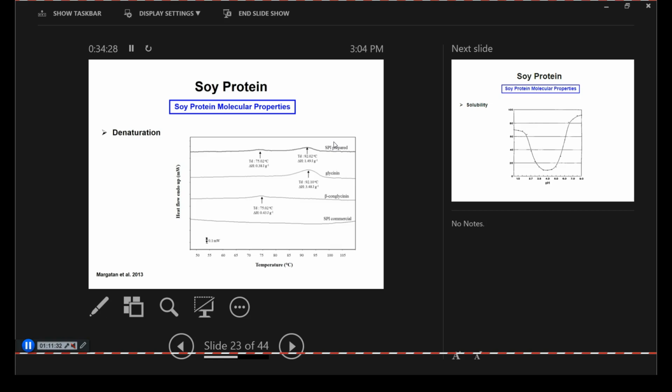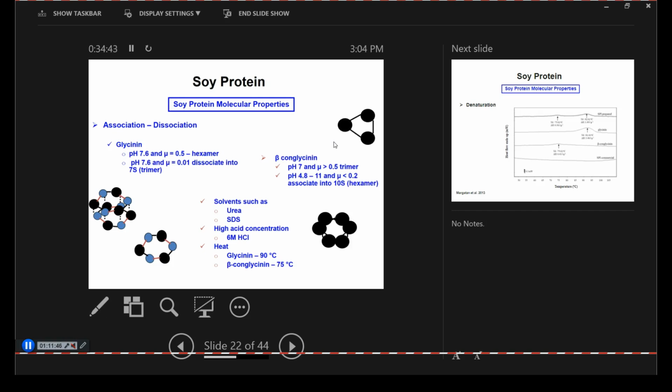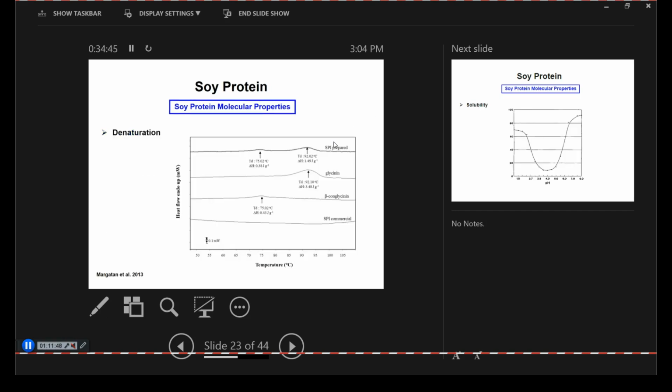So let's continue. You've seen this before. I showed you this to explain the DSC before. But again, I just wanted to show you the denaturation temperatures of glycinin and beta-conglycinin as I have listed here. Glycinin, which is the legumin, is stabilized by disulfide linkages, and the onset of denaturation is around 92. It varies a little bit depending on the variant.